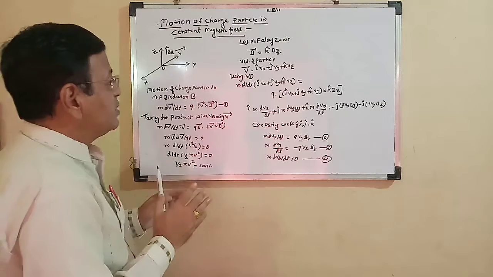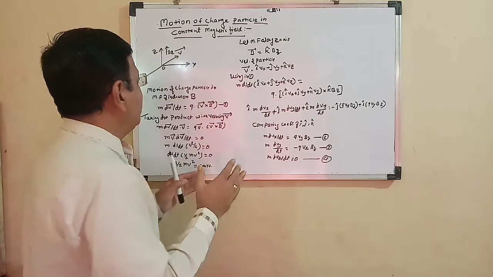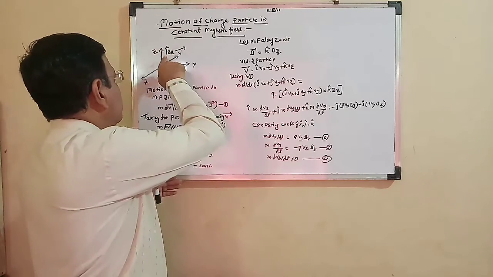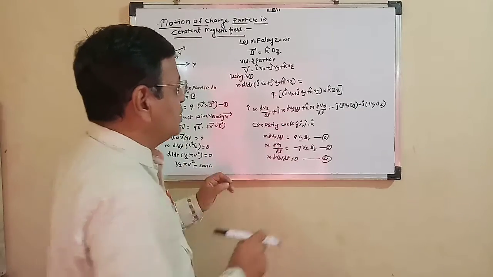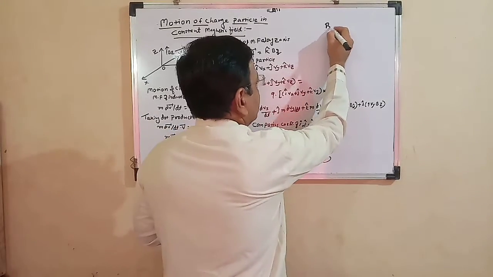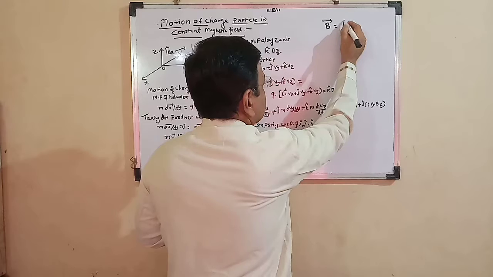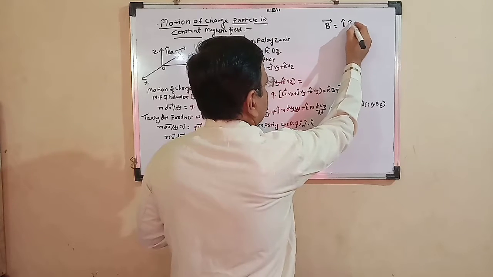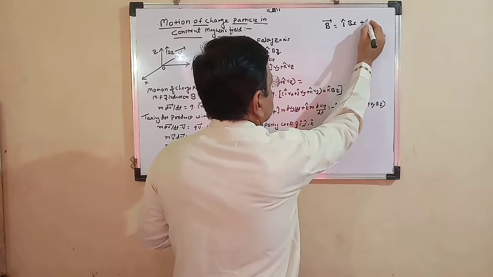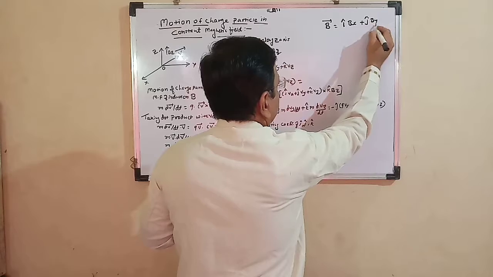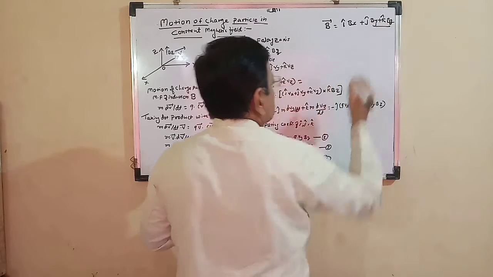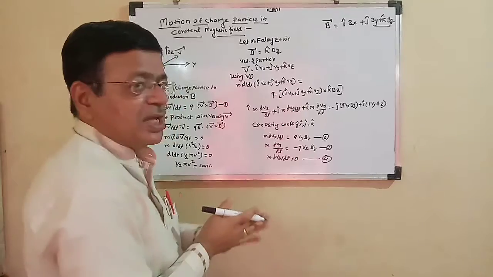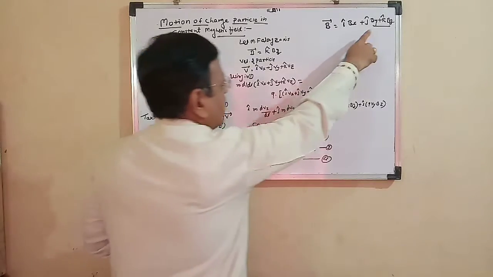So let the magnetic field along the z axis be Bz. When we define the magnetic induction, the overall magnetic induction is i cap Bx plus j cap By plus k cap Bz. So the component of the magnetic induction along the Z axis is k cap Bz.